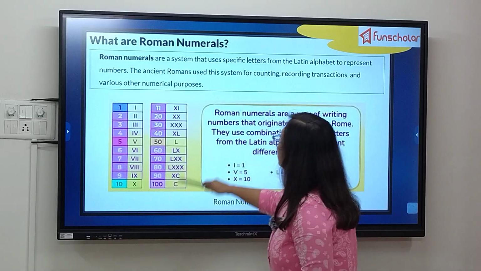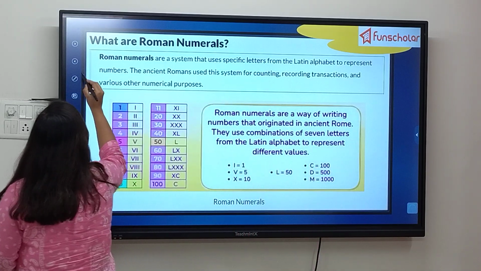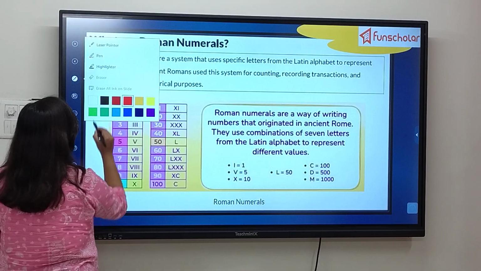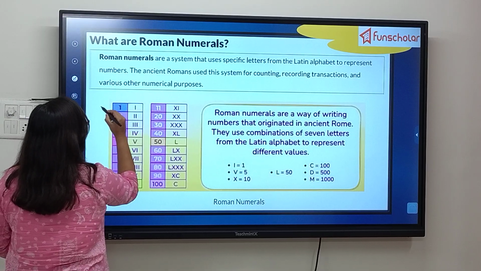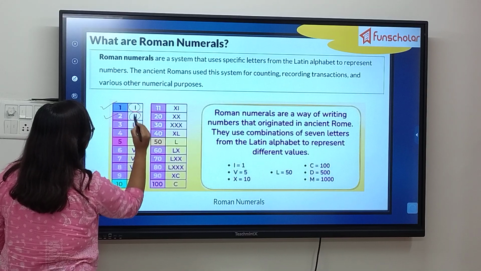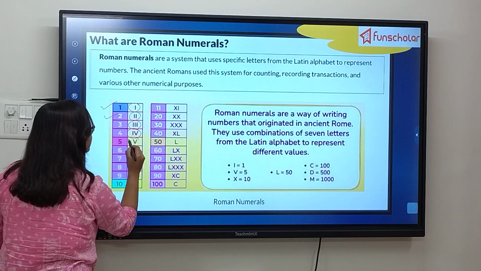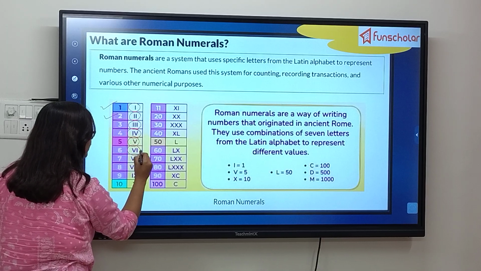So, this is how Roman numerals are represented. This is 1. This one is 2. This one is 3. This one is 4. This is 5. This is 6.